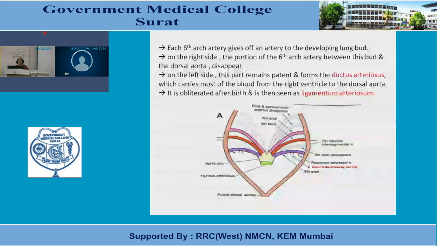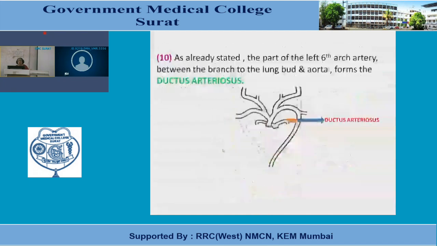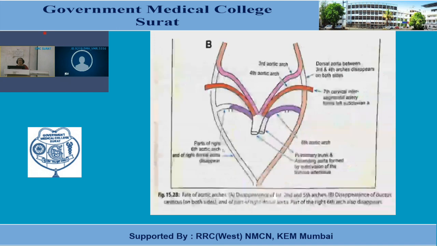So the downward vertical arrow here indicates that each 6th arch artery gives off an artery to the developing lung bud. On the right side, the portion of the 6th arch artery between the lung bud and the dorsal aorta disappears later on. But here you can see in the diagram, right?